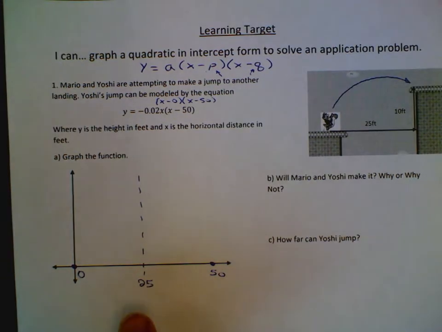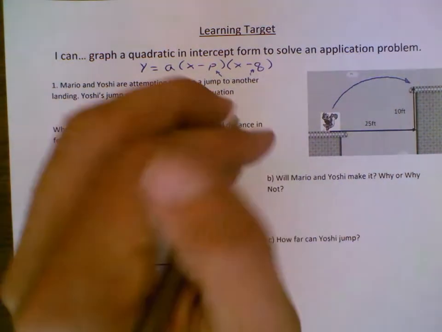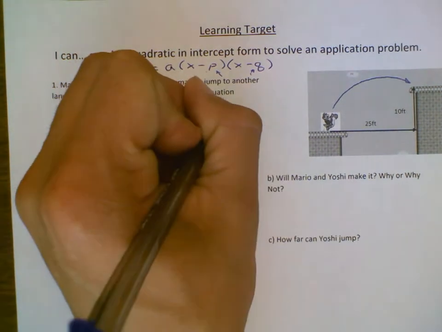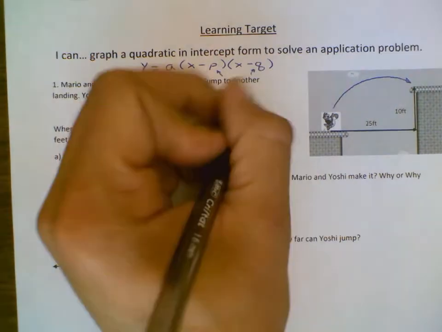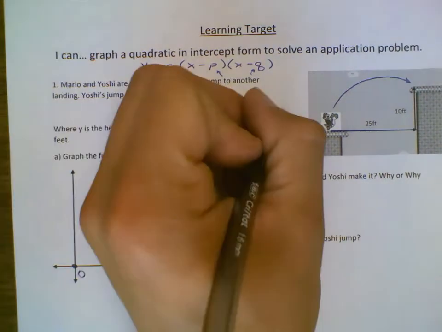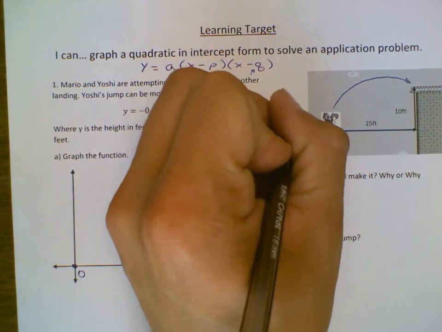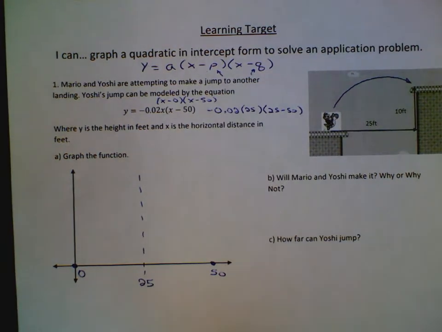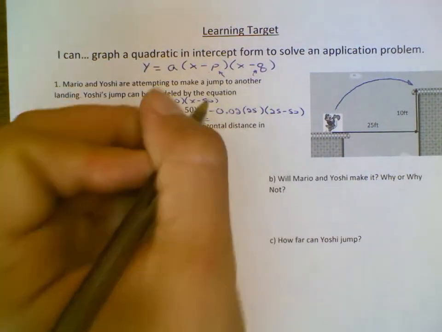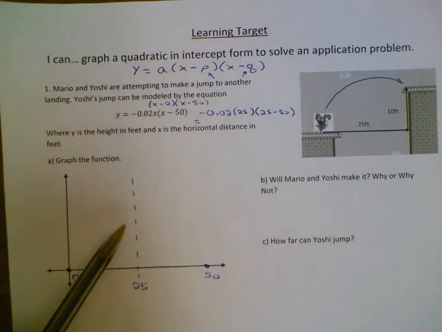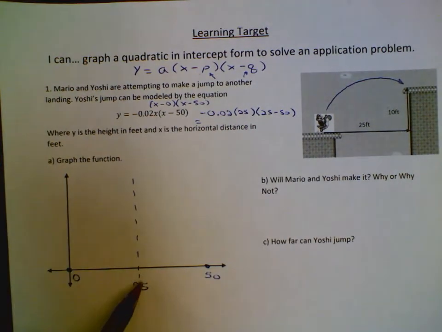So once again, I'm going to take this value and I'm just going to plug it into the function. So I'm going to get negative 0.02 times 25 times 25 minus 50. Now, what I can do is I can simply just plug this into my calculator and it will tell me how high the jump goes on the axis of symmetry.